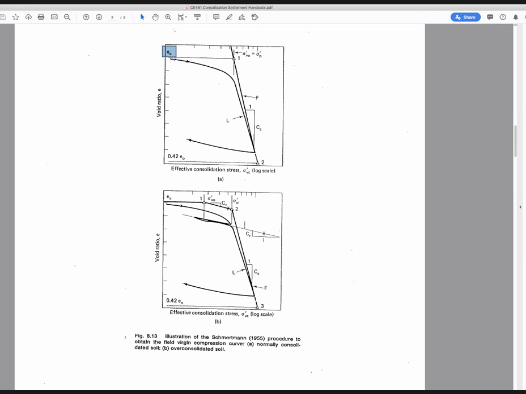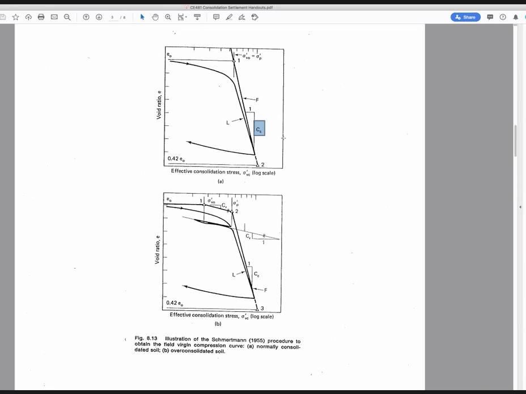And all of that disturbance tends to make this a more curvy kind of response than you would get in the field, where it's going to be a cleaner response of a sharp edge for reconsolidation stress, and therefore a steeper C sub C value, a higher value for C sub C than what you would measure in the laboratory.